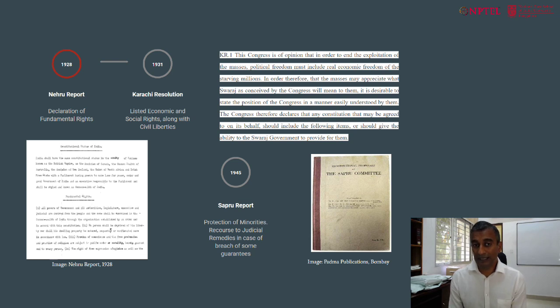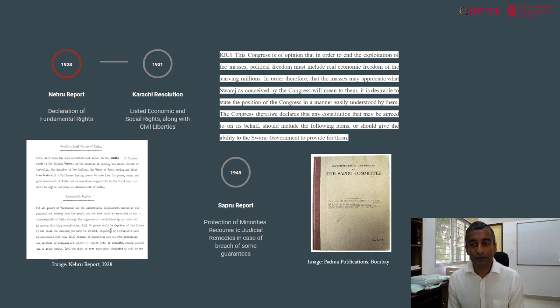This Congress, that is the All India Congress in Karachi in 1931, is of the opinion that in order to end the exploitation of the masses, political freedom must include real economic freedom of the starving millions.